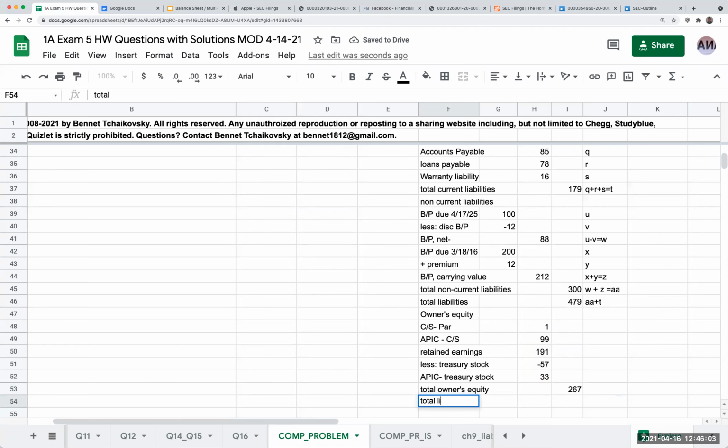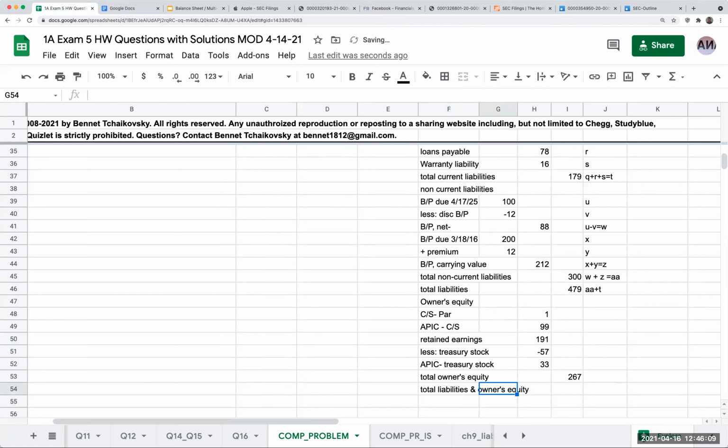So my total liabilities and owner's equity is going to be 267 plus 479, or a total of 746. Okay, and we'll call this BB.